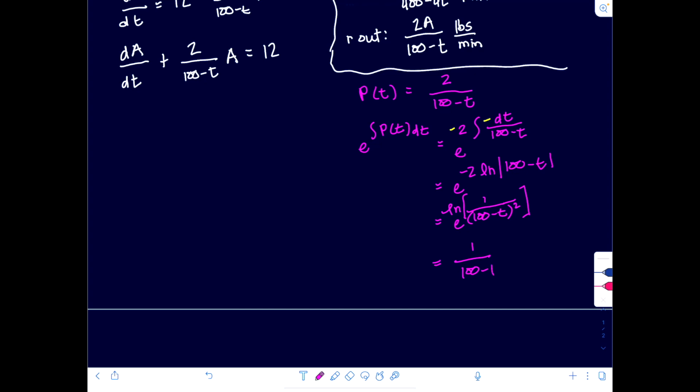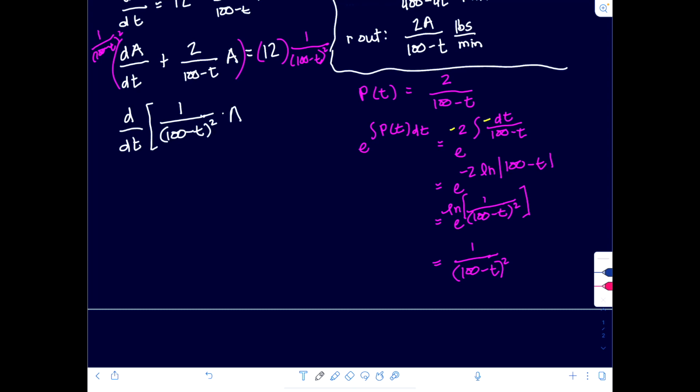So when I multiply both sides by my integrating factor, then what'll happen is, we're going to get d/dt of your integrating factor times A. So 1 over 100 minus t, that quantity in the denominator squared, times A. If you were to differentiate this with respect to t, you would end up getting this product.